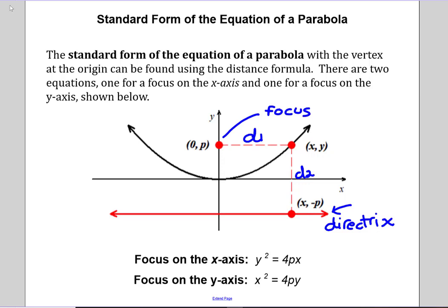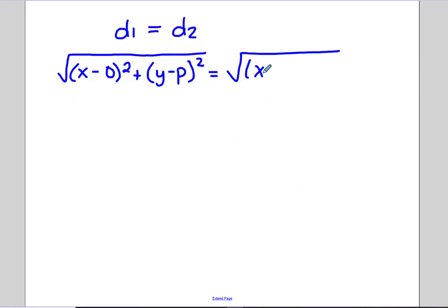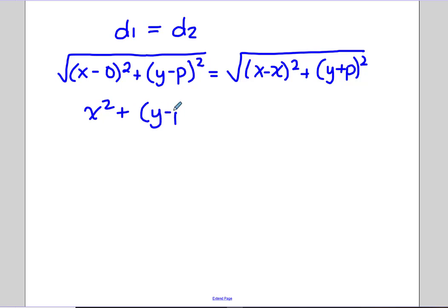So using those two ordered pairs, that would be (x minus x) squared plus (y minus negative p) squared. And then simplifying here, we've got x squared plus (y minus p) squared, and this is 0 squared, and (y plus p) squared.